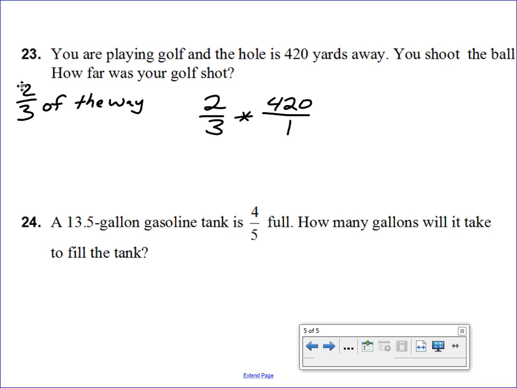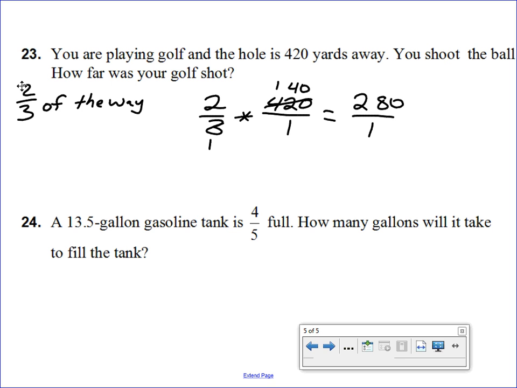So I'm going to take out that common factor of 3, and I should get a grand total of 140. So now we have 2 times 140, which is a grand total of 280 over 1.